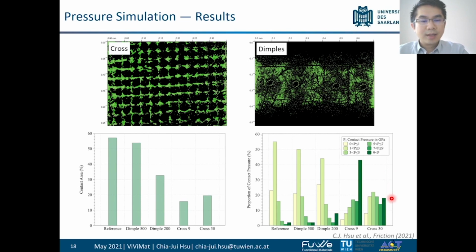So in the end, it is the cross 30 that succeeds to have a fully formed tribo layer on top of the surface, and then provide the protection function to reduce wear and also friction.